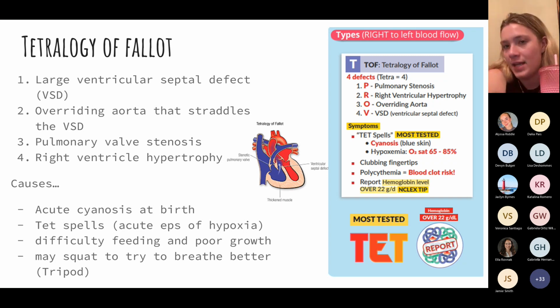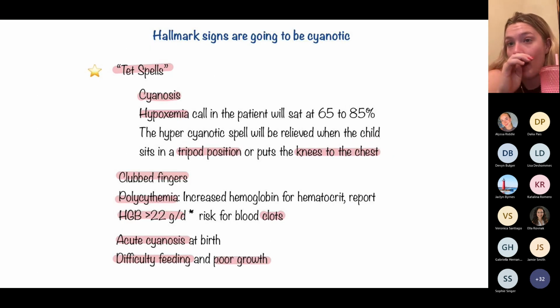It will cause TET spells. In order to compensate for this hypoxia, these kiddos actually will put themselves in the tripod position because they simply find it easier to breathe. You'll also see from this chronic hypoxia clubbed fingers, polycythemia, and increased H&H.